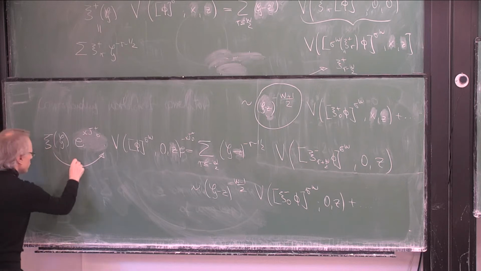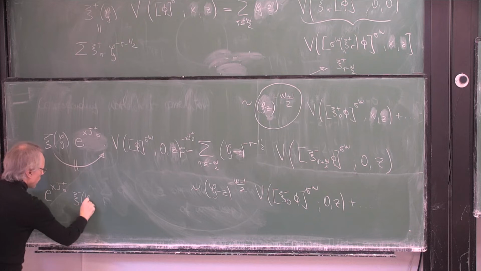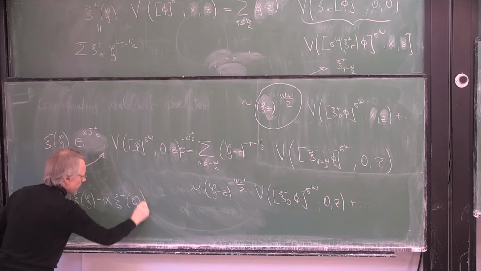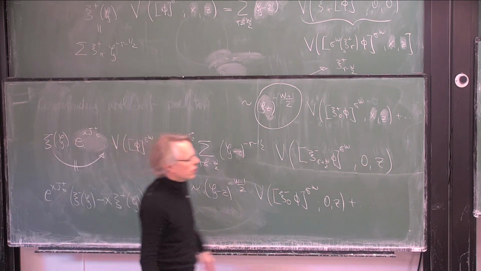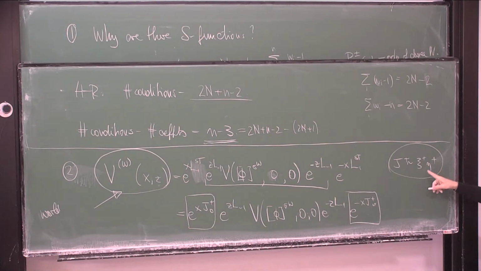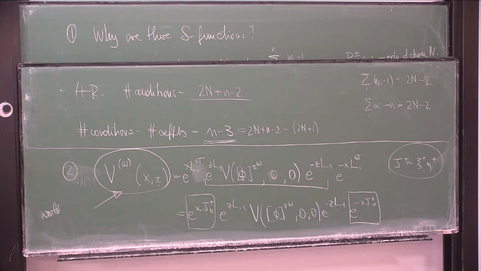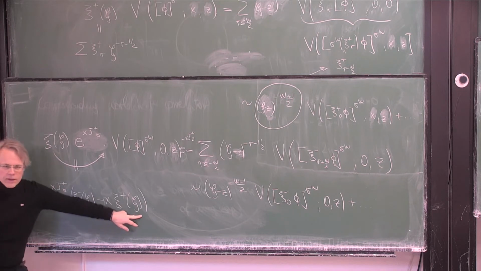So this is equal to e to the x j plus 0 psi minus of zeta minus x psi plus of zeta. Because j plus 0 is psi plus eta plus, and there's a non-trivial commutator of the psi minus with the eta plus, and it brings down the power of psi plus. So when I move the psi minus of zeta field past the e to the x j plus 0, I pick up a term that's proportional to minus x psi plus zeta.